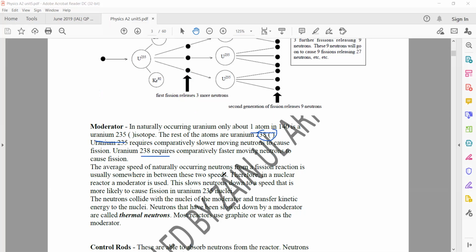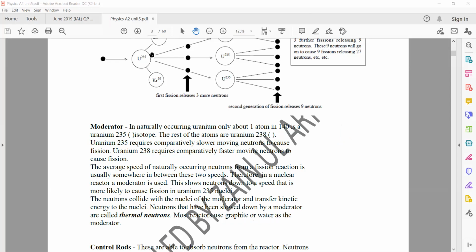So the average neutron from a fission reaction usually has energy between the two. Therefore in a nuclear reactor a moderator is used to slow it down. As a moderator, we can use graphite or heavy water. What is the meaning of heavy water? Heavy water contains an isotope of hydrogen, hydrogen 2 1 or deuterium. That's called heavy water.